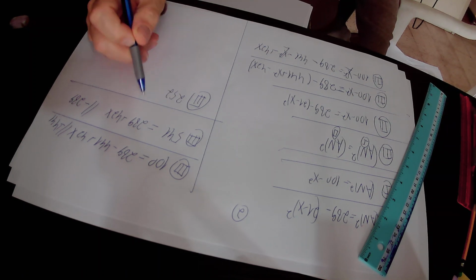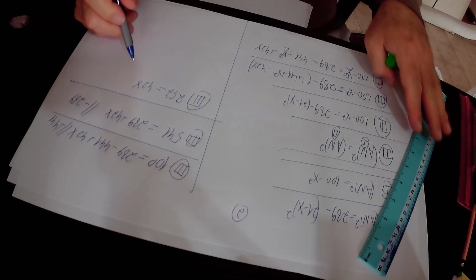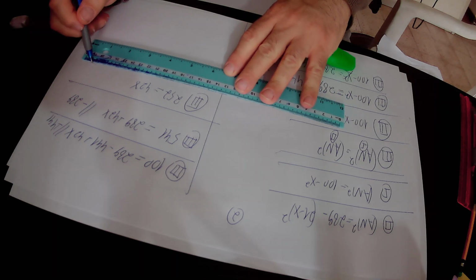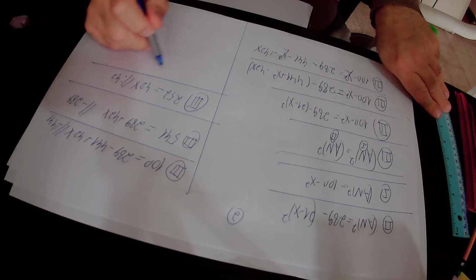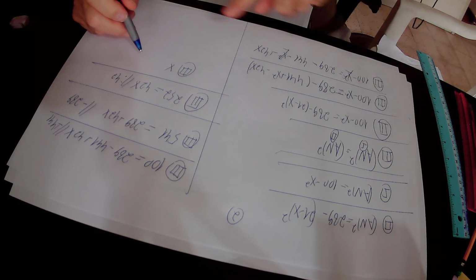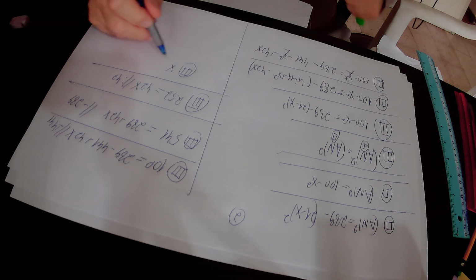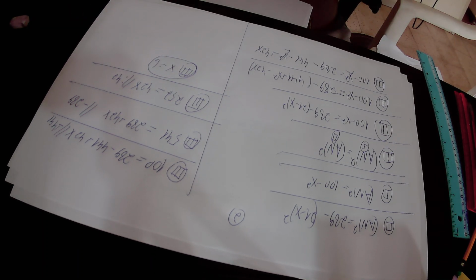So 252 equals 42x. Here we divide equation 3 by 42. And finally we get that x equals 252 over 42, which is 6. So x equals 6 units in its length.